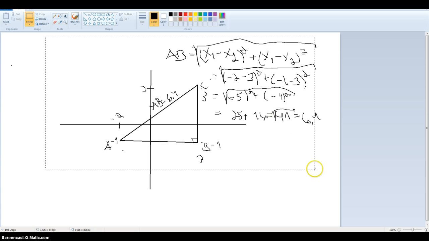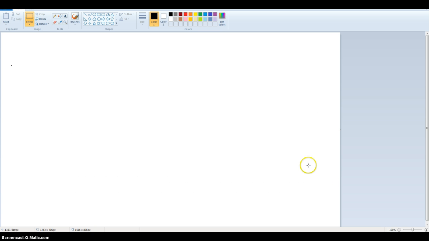I remove this, and if we take a look at this circle, the circle will be 360 degrees, and that would be 2 pi radians. 2 pi radians is 360 degrees.